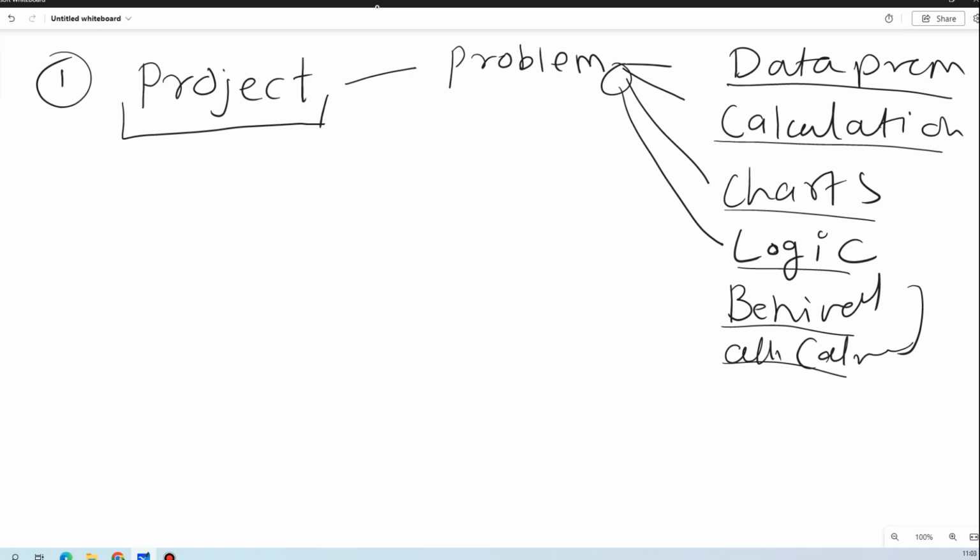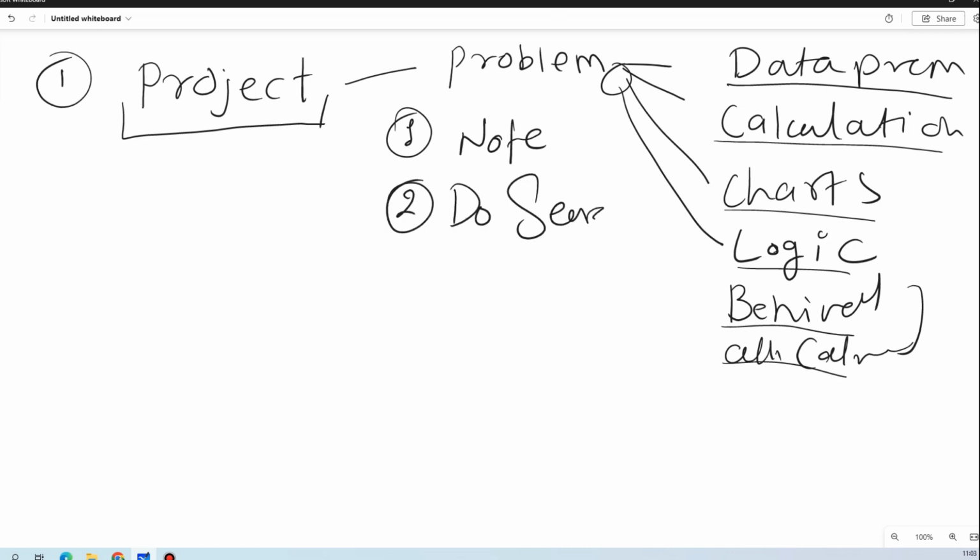You will face these problems while you are working on any mini project, or in your current work environment, or in your current job. So you have to note these problems. The very first step is to note the problem statement. Second, do research to fix that problem and make a note of it.